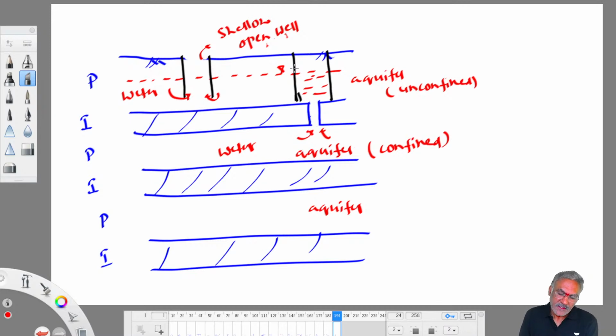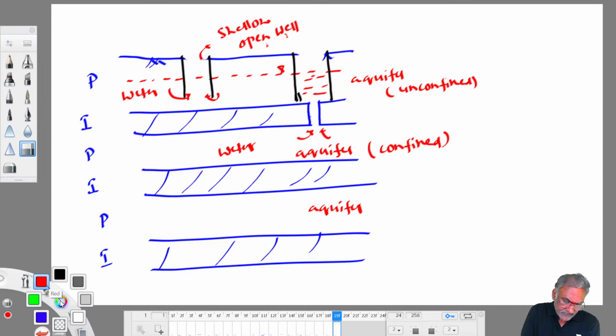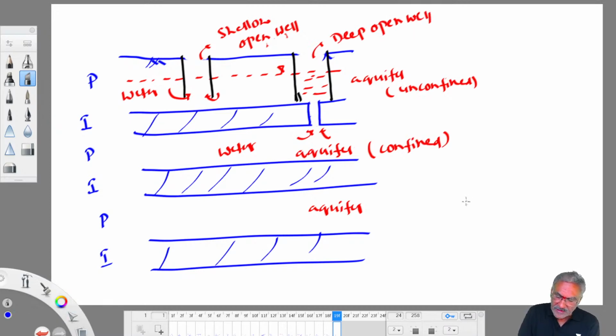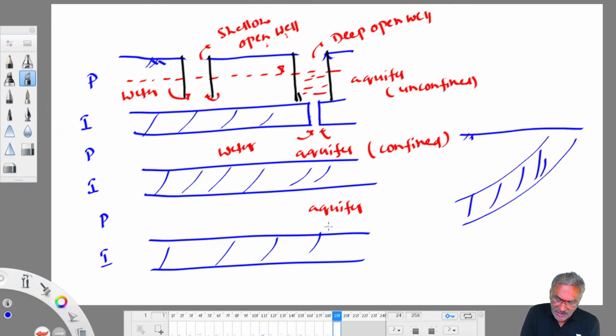Understood? So sometimes a shallow open well may be deeper than a deep open well. This is a deep open well. Suppose this impervious strata is inclined something like this, inclined in the ground. This is the ground. If you construct a shallow open well here, there is groundwater flowing here, and the well can go up to this.